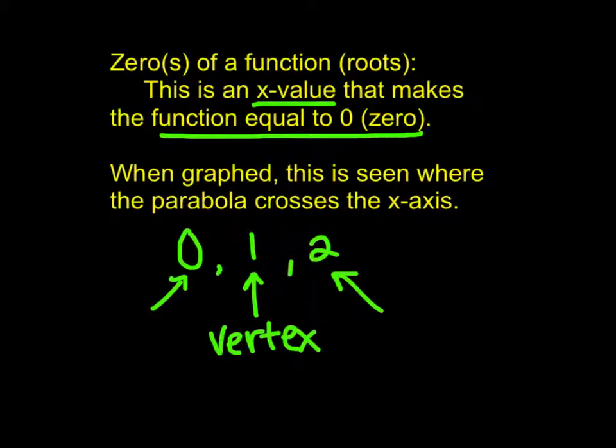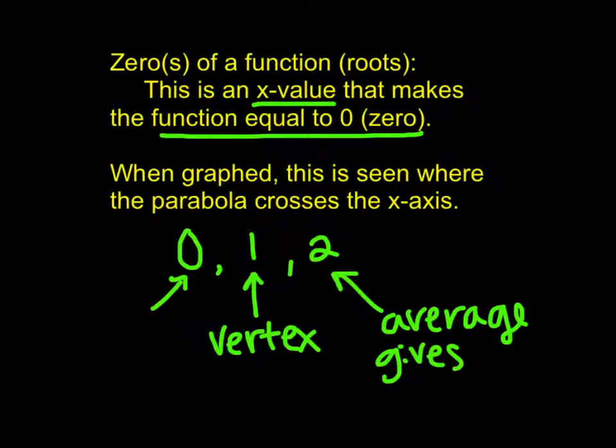And actually, if you were to take the average of those 2, you will find what we call the axis of symmetry. And we will talk more about that later. So that's all kind of important information. So zeros of a function, they give you the place where it crosses the x-axis.